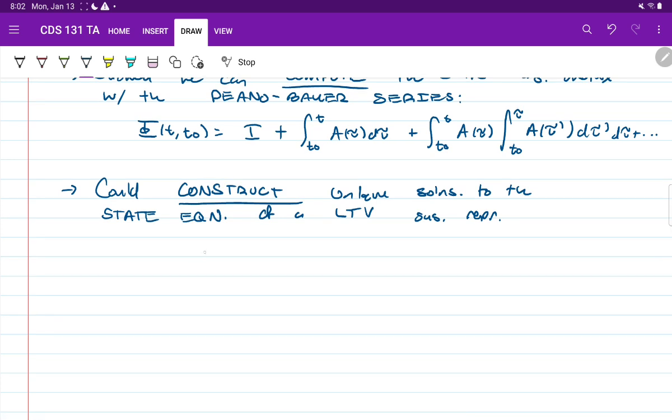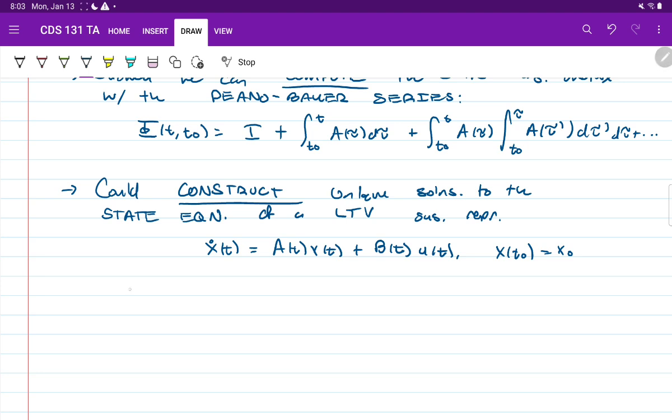If I give you the state equation, which is a differential equation, x dot of t equals A of t x of t plus B of t u of t, and I give you some initial condition, x of t naught equals x naught, and I assume that my input to this system is piecewise continuous, then we can write out the solution to this initial value problem entirely in terms of the state transition matrix.